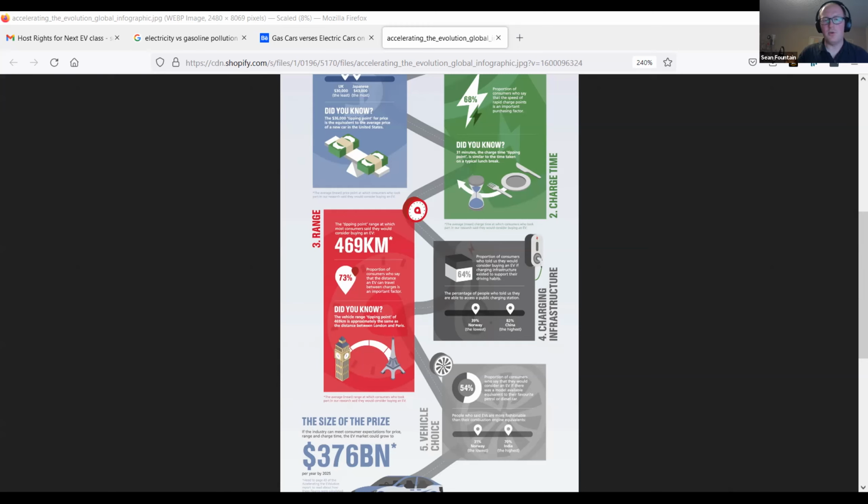So it's almost 291 miles is what people basically say they want as a range, which is pretty much what you get on a full tank in most vehicles. It's close to 300 miles, some more, some less.